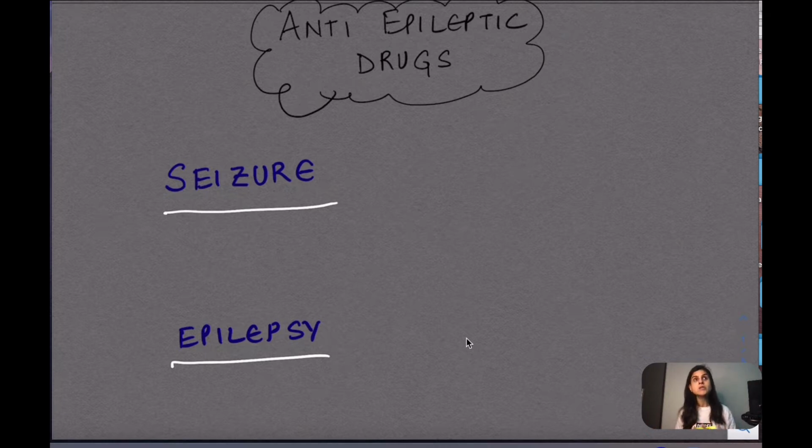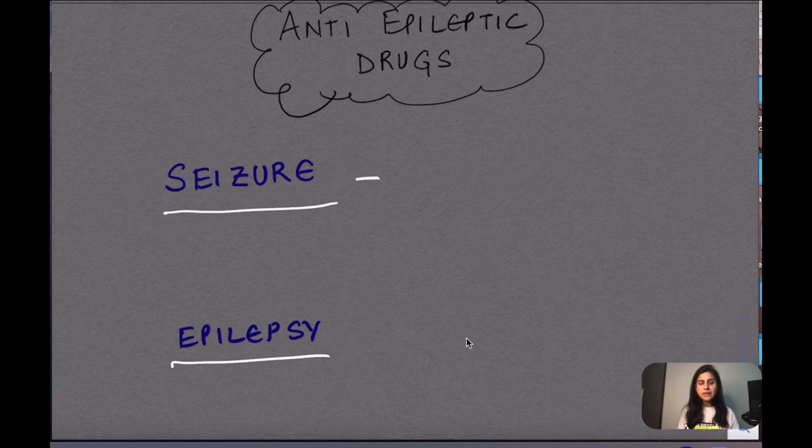Every seizure is not an epileptic seizure. In a seizure, there are neurons which are firing continuously, and they are overexcited. They are firing in a synchronized manner, and that's leading to the hyperactivity of the neurons, right? So that is a seizure.